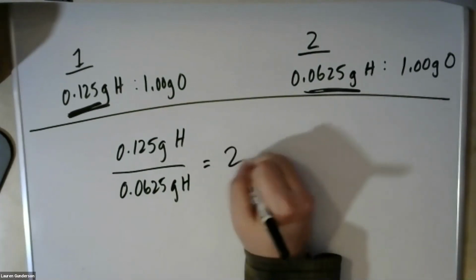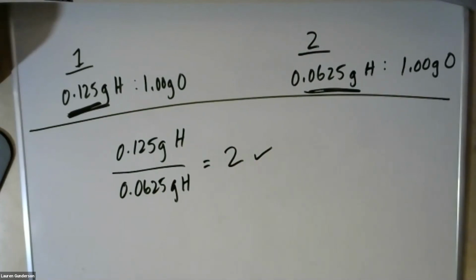Okay, and I get 2. So that is a small whole number. That is consistent with the law of multiple proportions.